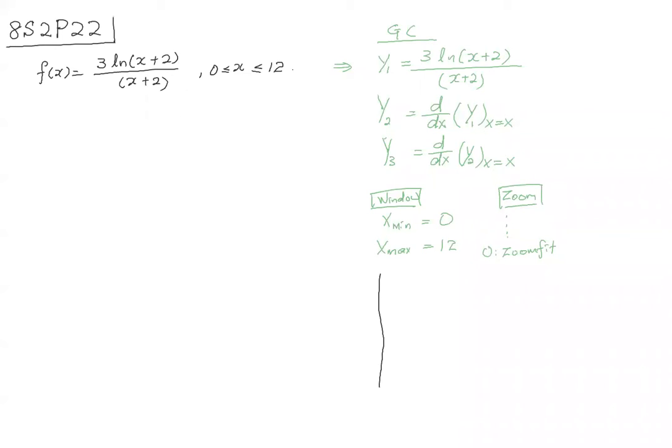that goes in this way. Okay, you can go to second trace and you go to value, you can get the value. Okay, when X equal to 0, your Y1 is equal to 1.04. I round off. So the graph goes like that.